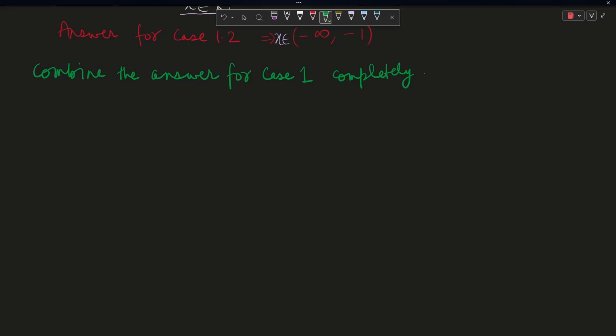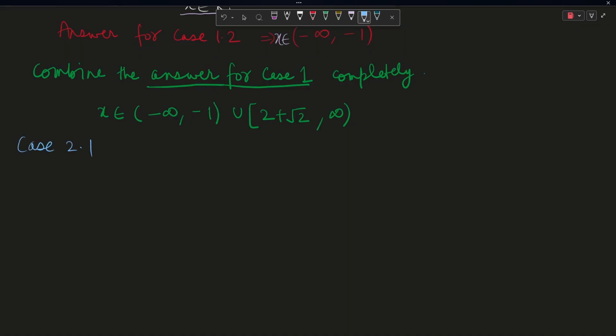So the answer will be x belonging to minus infinity to minus 1 union 2 plus root 2 to infinity. This will be our answer for case 1.